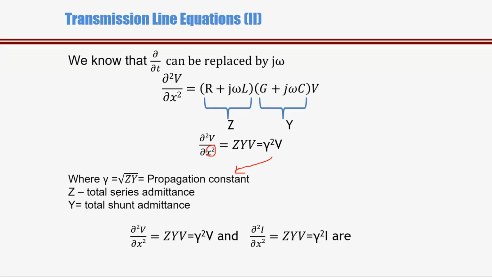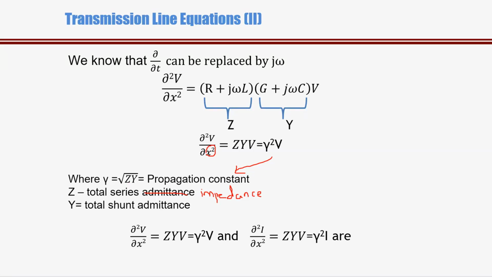where z is called the total series impedance. It should be impedance, not admittance. So impedance, total series impedance, and y is called the total shunt admittance.